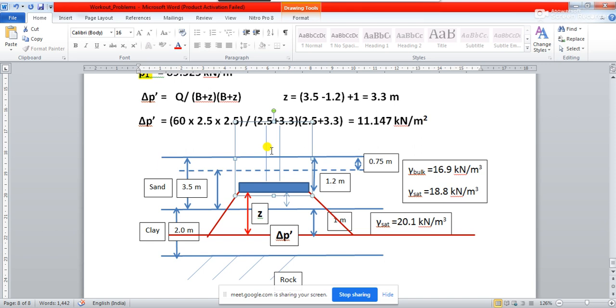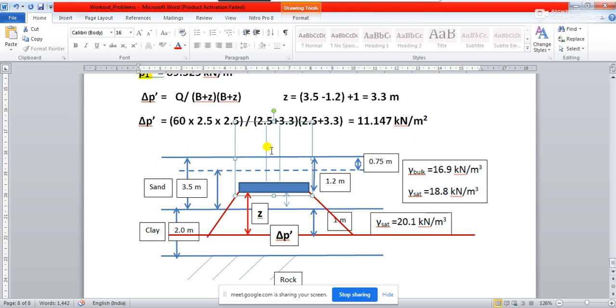Okay. So if you do not have any doubt on this part, then I can move on to explaining another part, because whatever we have understood till now is the settlement calculation for normally consolidated clay. Now I would like to explain in this class how to calculate the settlement for over consolidated clay.